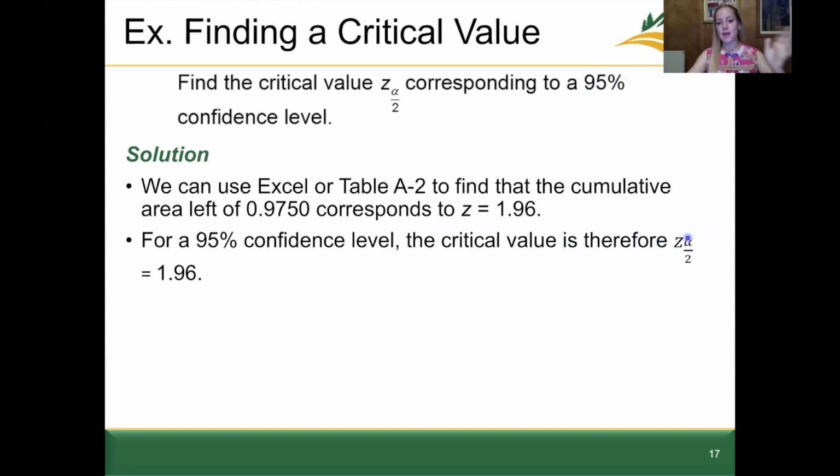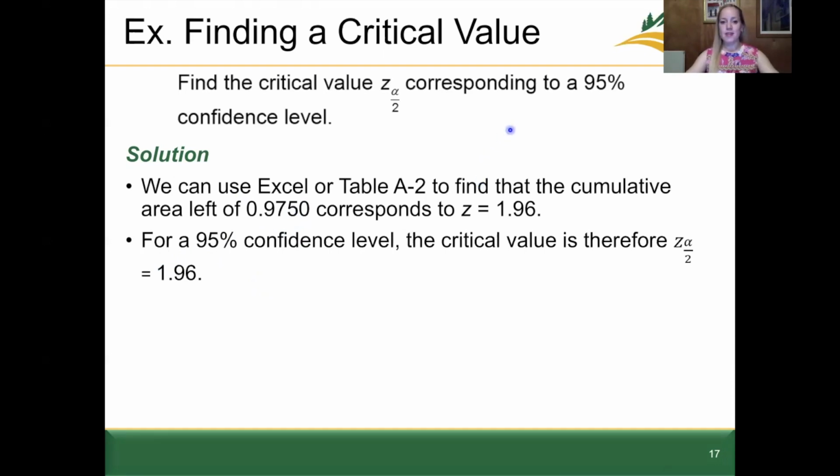That z subscript alpha over 2 is equivalent to 1.96. I recommend practicing this right now, so using either table A2 or Excel and verify that you do get a z-score of 1.96 given this corresponding area from the left value.